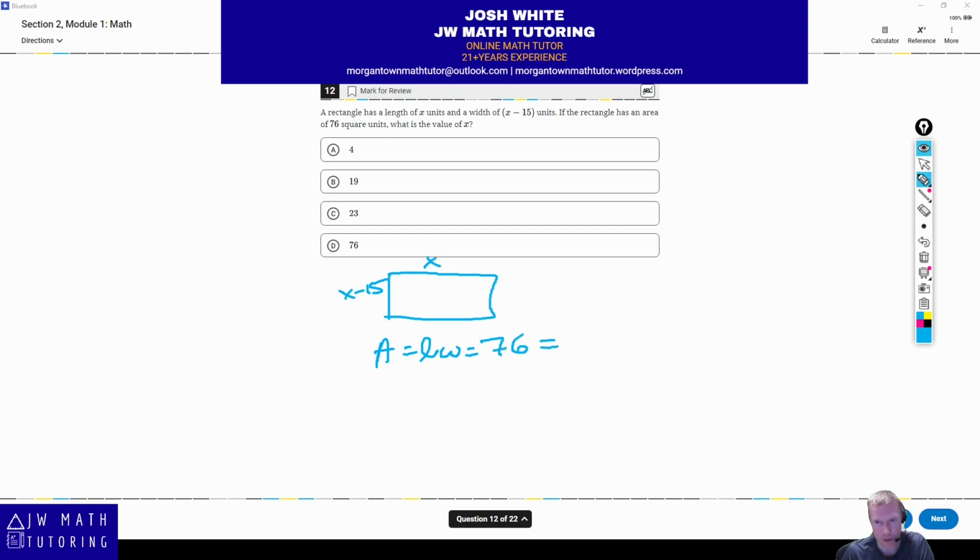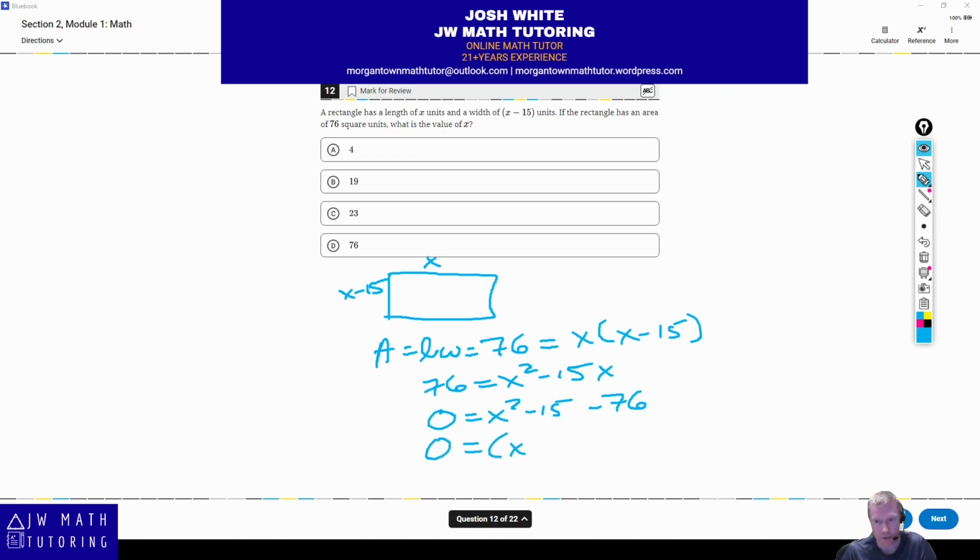And here we know the length times width is just going to be x times x minus 15. So we get 76 equals x squared minus 15x, or x squared minus 15x minus 76 equals 0. Again, on this problem, you could factor it, or you could use the calculator. I'll show you how to use the calculator in a minute.